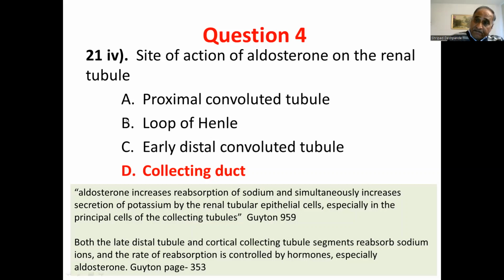Aldosterone starts working at the distal part of the nephron. It increases sodium reabsorption and simultaneously increases secretion of potassium by the renal tubular epithelial cells, especially in the principal cells of the collecting tubules, or the late distal convoluted tubule.